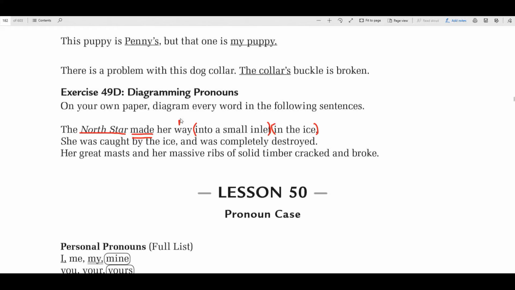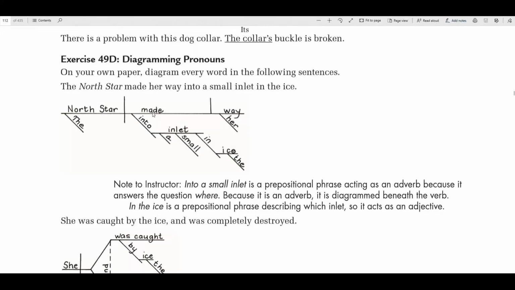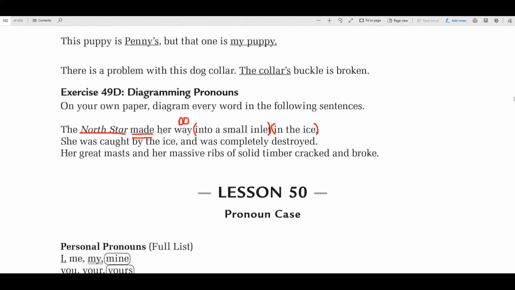Made way. Now I'm not sure if this is an indirect. Made who or what, to whom or for whom. I don't believe her is, yeah, it's not an indirect object. It's just a, oh yeah, this is what we've been studying. This is a possessive adjective, or possessive noun, pronoun. So the North Star made her way into and so on.